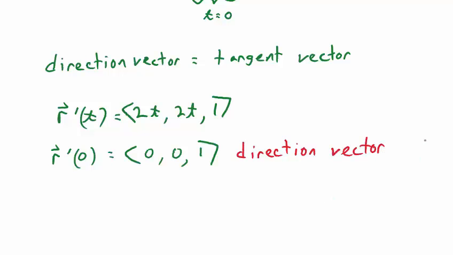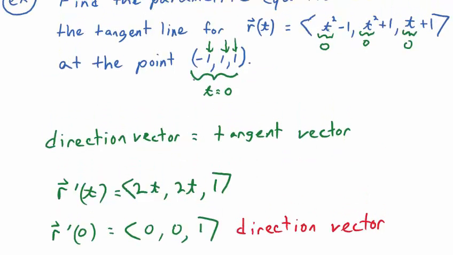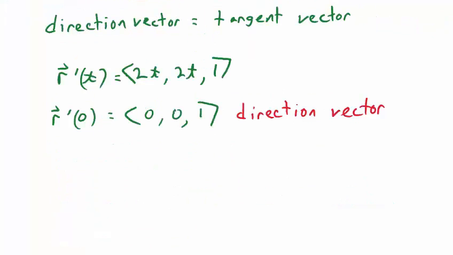Okay. Then we remember to find the parametric equations of the line, we need a direction vector and we need a point on the line, but the point is the one given. Negative 1, 1, 1. So our point on the line would be negative 1, 1, 1.